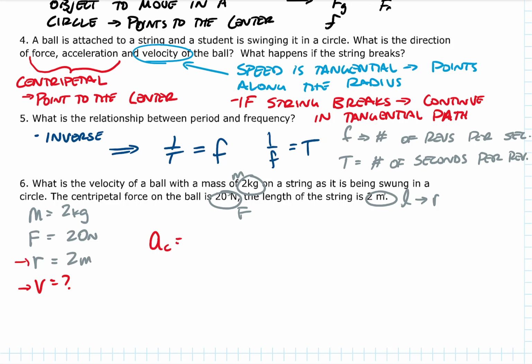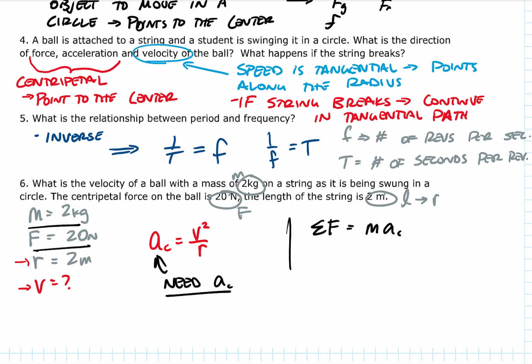So I know that if I want velocity with those things, velocity and radius together, centripetal acceleration is velocity squared over radius, but with this, I need the acceleration. I've got force and mass, and force, mass, and acceleration together, well, I've got net force equals mass times acceleration. So if I've got 20 newtons equals a mass of 2 kilograms times the centripetal acceleration, I can solve for the centripetal acceleration, divide by 2 kilograms, divide by 2 kilograms. And so I can get the acceleration to be 10 meters per second squared.